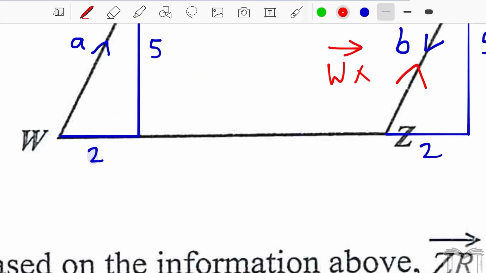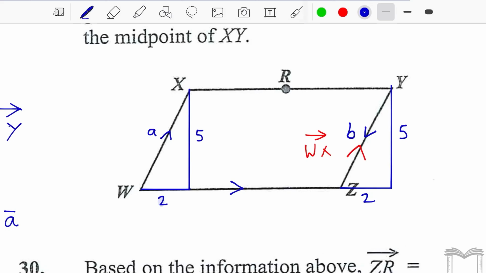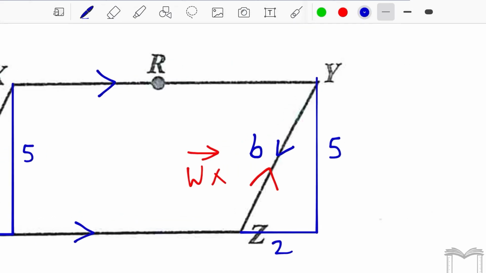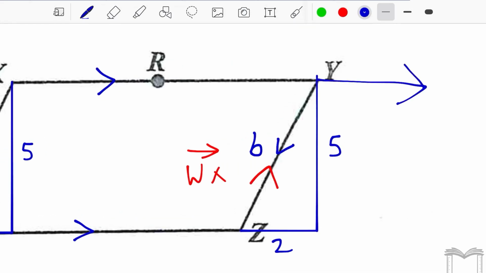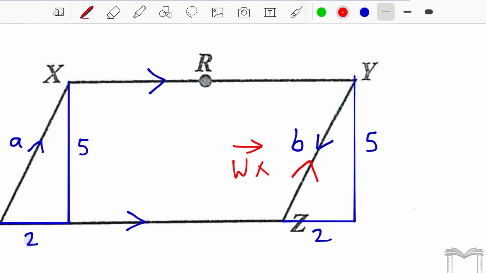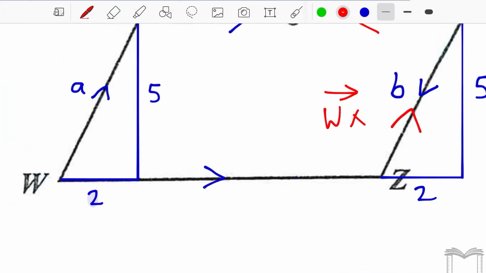So WZ is from W to Z, right? But WZ would be the same as X to Y, or vector XY. However, when we go from Z to Y, we are not going in this direction. We are going in the opposite direction. So we really want to go in this direction. So that will be not WZ but ZW, or in other words minus WZ.